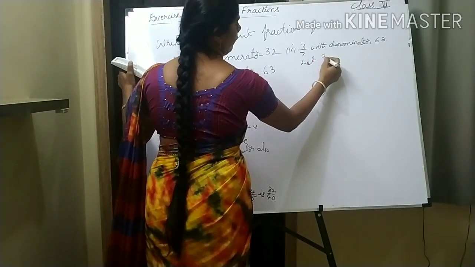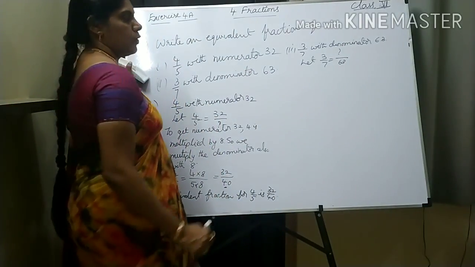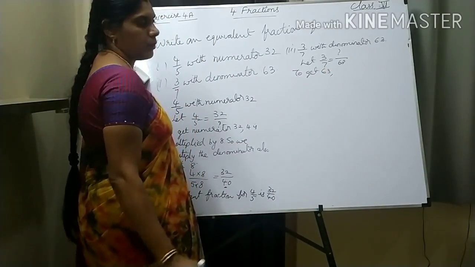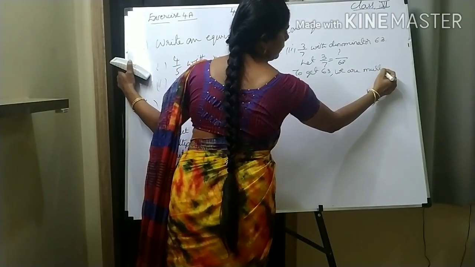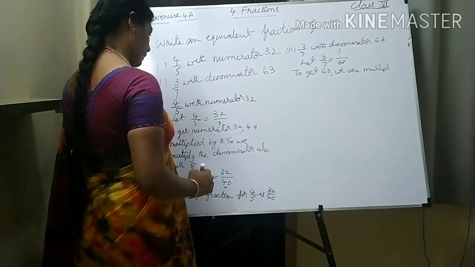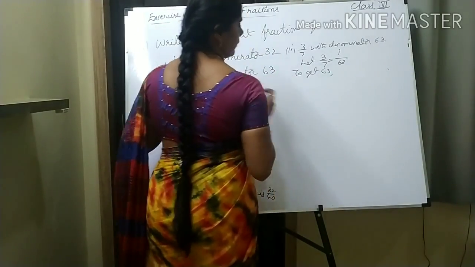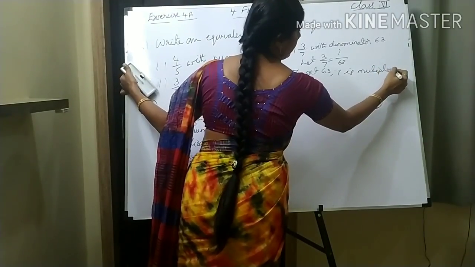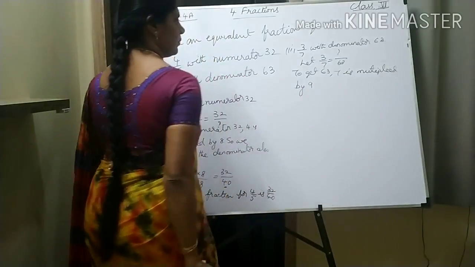So what they have given, 3 by 7 equal to, denominator we know, the numerator we don't know. To get 63, 7 is multiplied by 9.